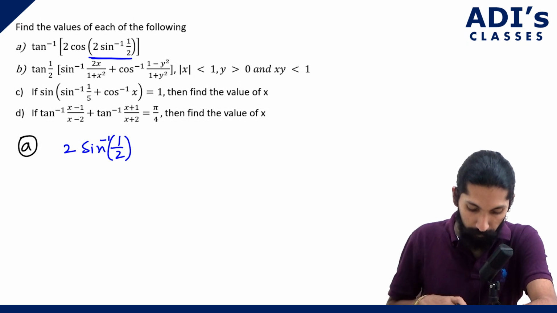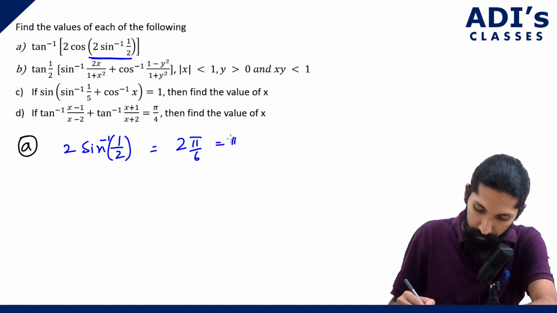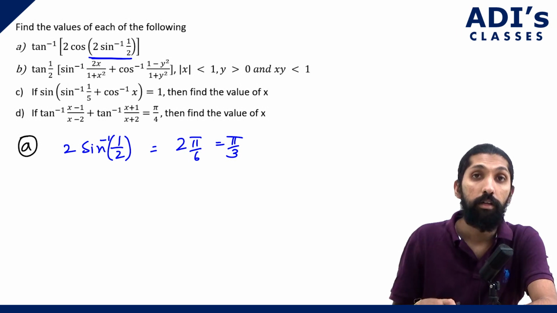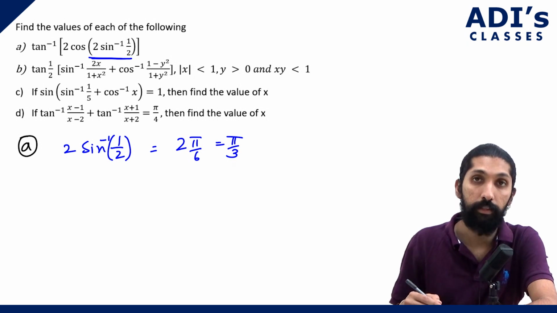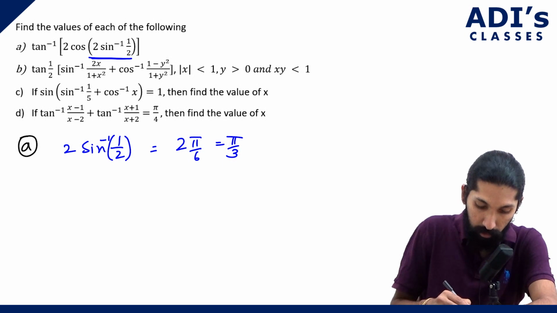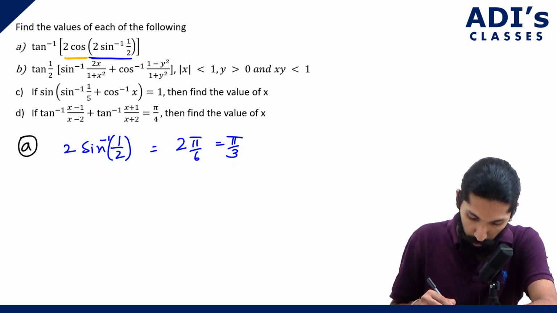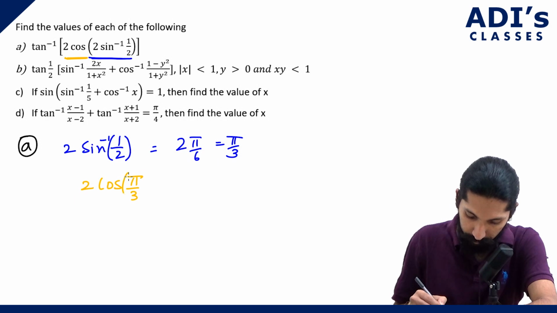So you have 2 times pi by 6, or pi by 3, right? So the first thing we have is pi by 3. Next, go for the next bracket. The next bracket is 2 cos of this value, which is 2 cos pi by 3.